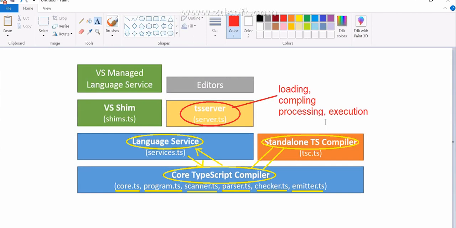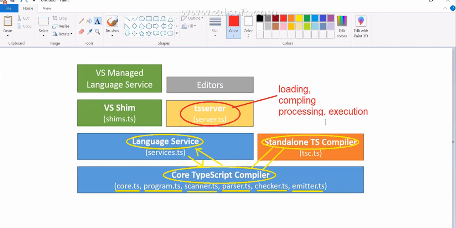That means the request from the client, the response to the client, processing the request, and generating the response, everything is managed inside this server.